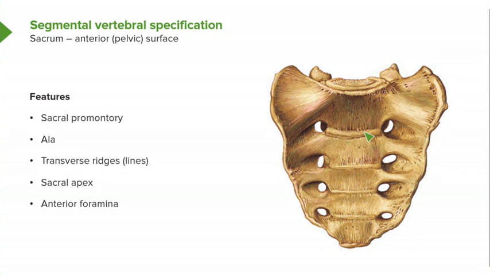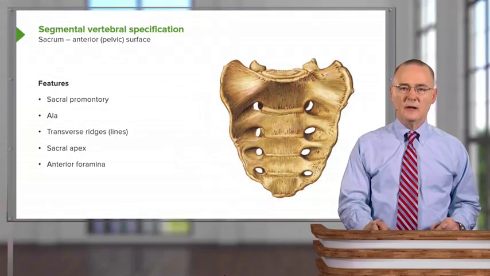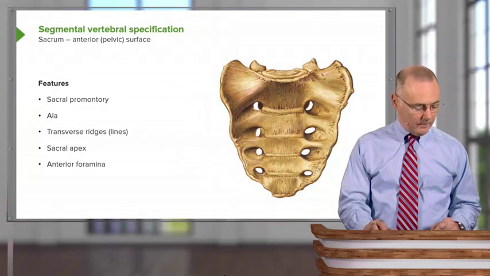These are transverse ridges or transverse lines. The inferior aspect, the inferiormost projection of the sacrum, is termed the apex. And then we also have foramina that are oriented anteriorly, and these foramina will allow for the transmission of branches of the typical spinal sacral nerves at this level.